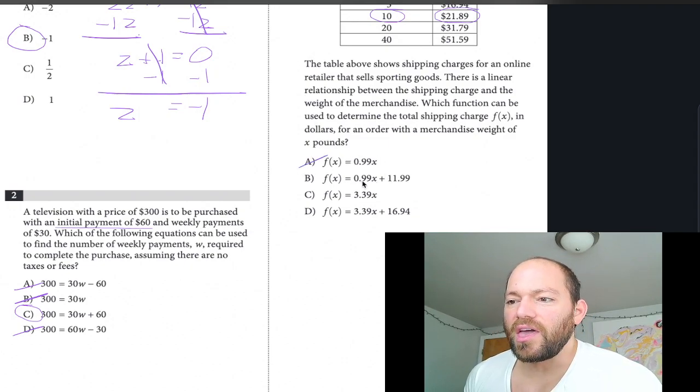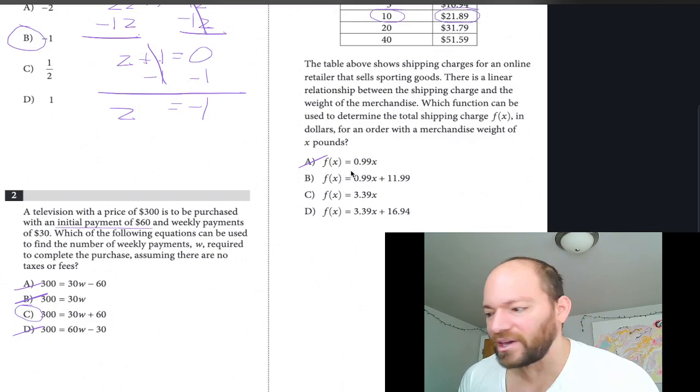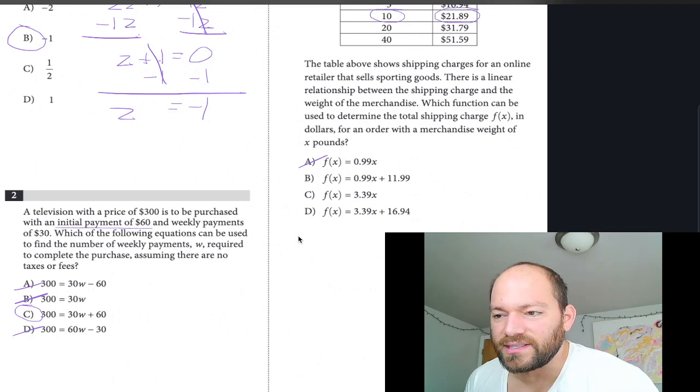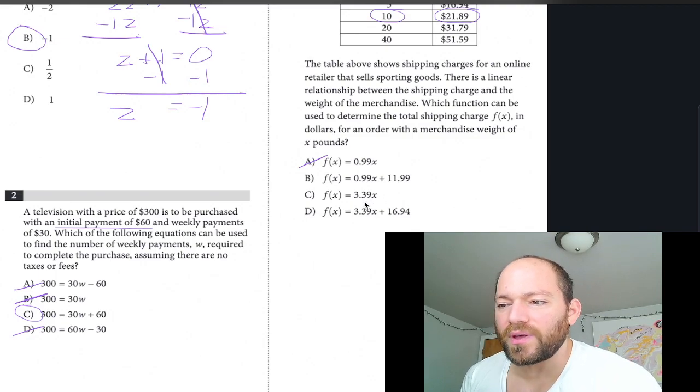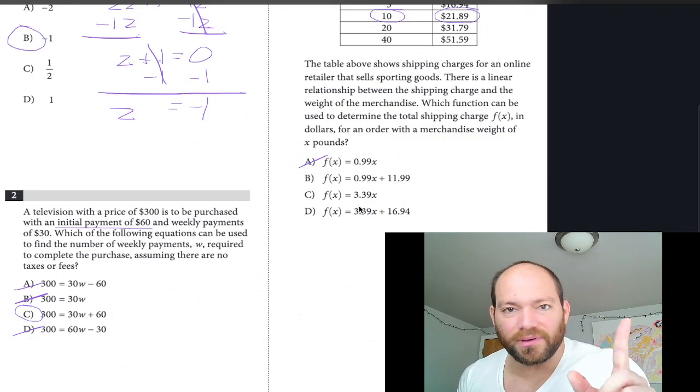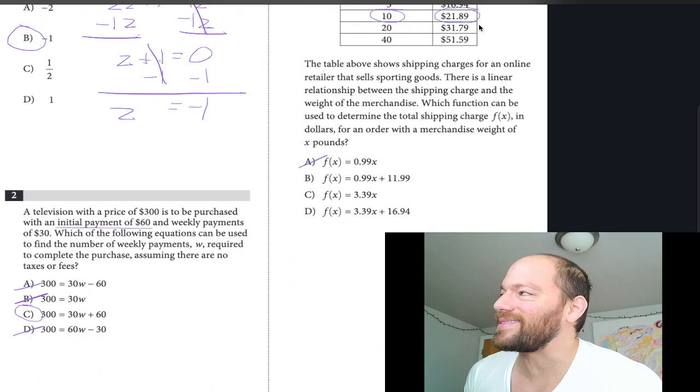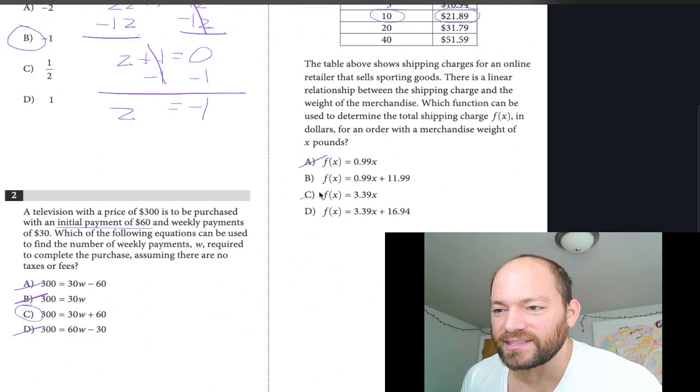Choice B. If we move decimal over, it becomes 9.9 plus 11.99. That sounds like it could be 21.89. I don't know. I'll leave it in. I'm not going to waste time figuring it out yet. Choice C, if I move the decimal over to the right, it becomes 33.9 is what it becomes. It's not 21.89, so I'm crossing C out.